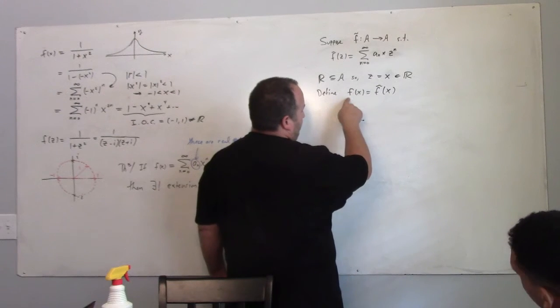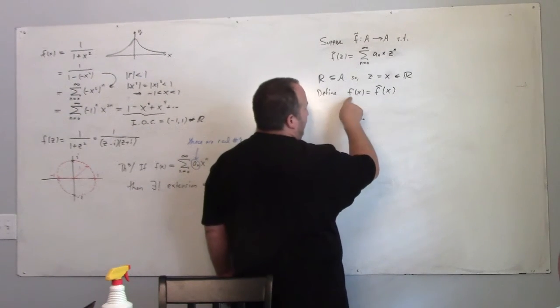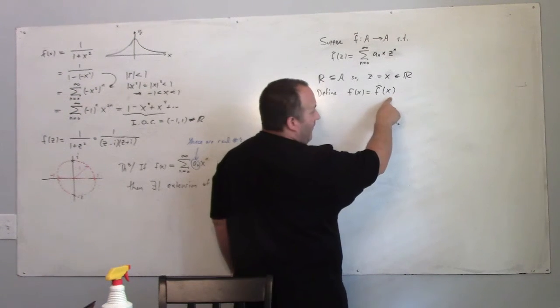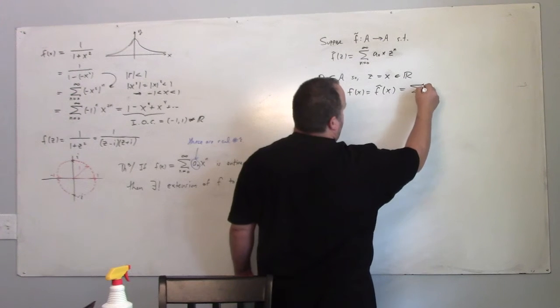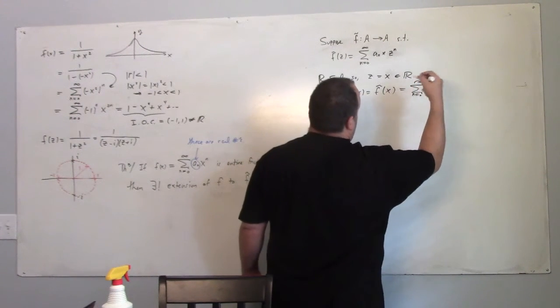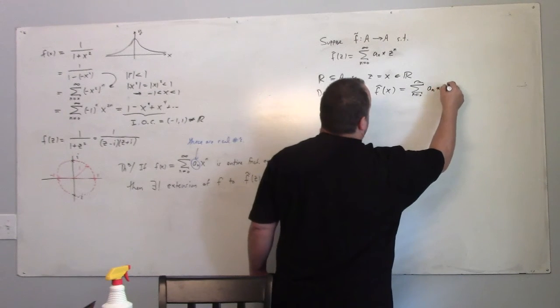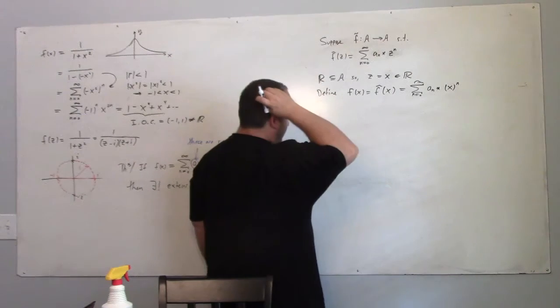So f of, just plug in x. And I'm defining f of x by this, right? But that is the sum n equals 0 to infinity of a_n star x to the n, right? Of course, the star is not needed here because x is real.